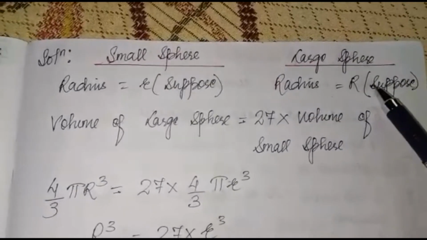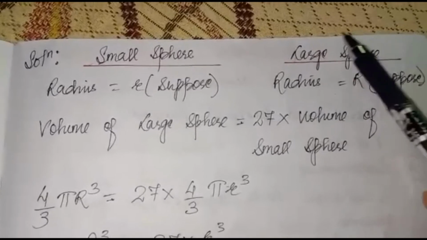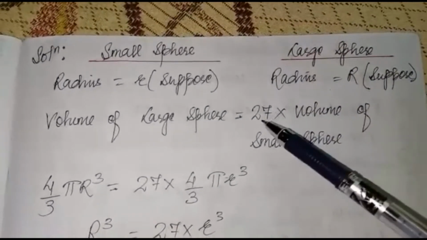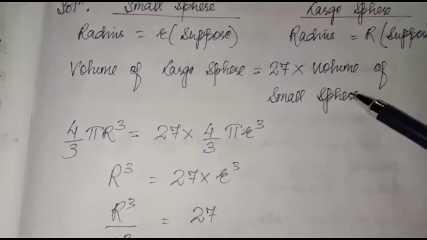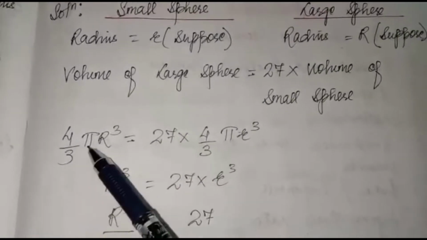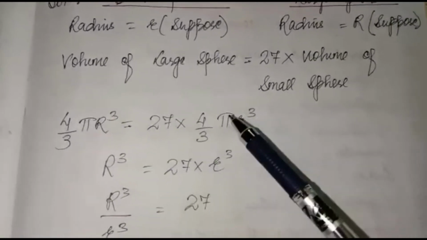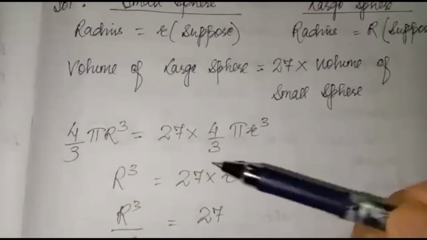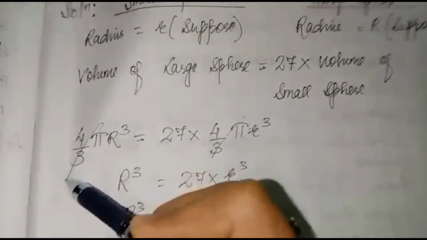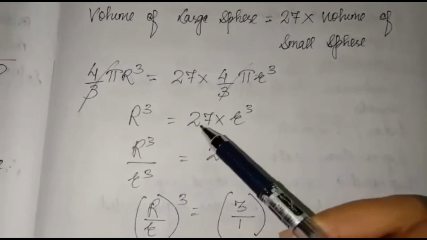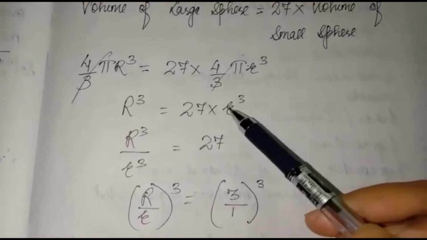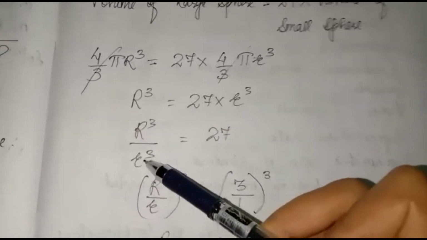and for the large sphere we will take its radius capital R. And according to the question, the volume of the large sphere is equal to 27 into the volume of the small sphere. So the formula is 4 by 3 pi r cube: capital R cube, and here small r cube. So here you can cancel this 4 by 3 pi. So R cube is equal to 27 into small r cube. So you can take this r cube on the left hand side.